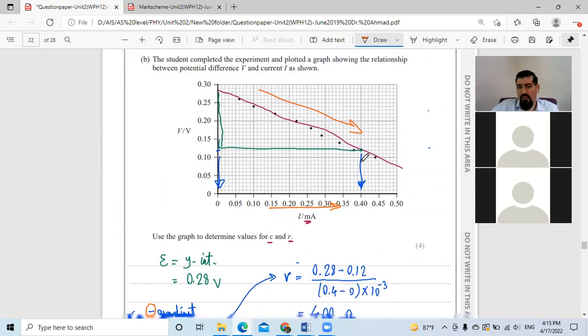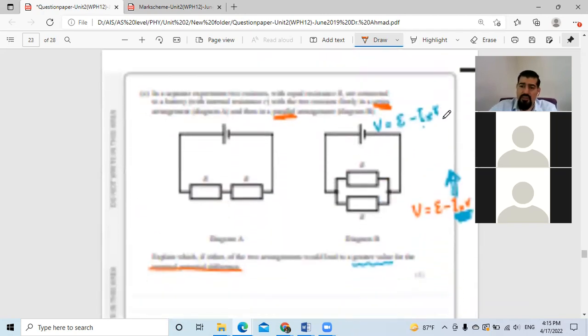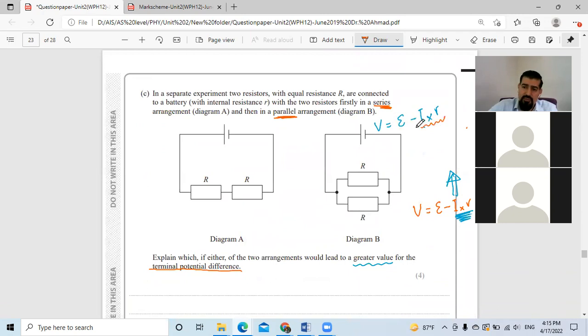It decreases. Why? Because in this value, I multiplied by R, R is constant but I increases. That means the product of I times R, which we call the dropping voltage, will be higher. That leads to the EMF minus a higher value, which leads to a lower voltage.